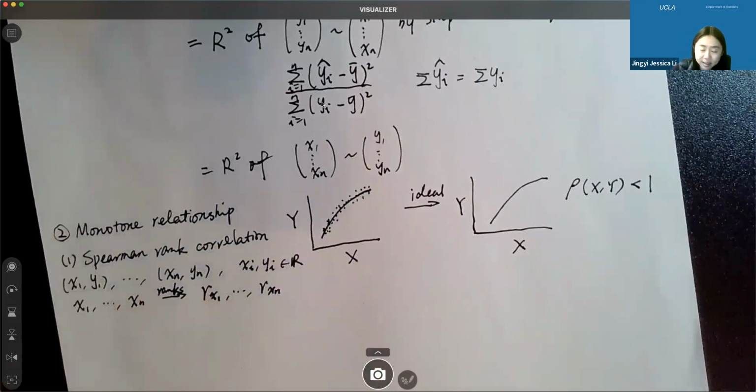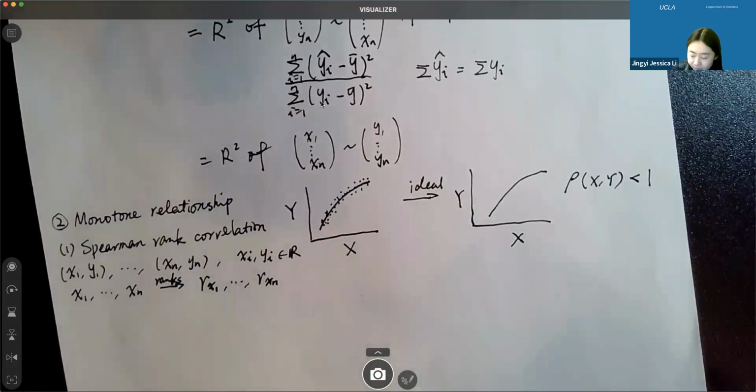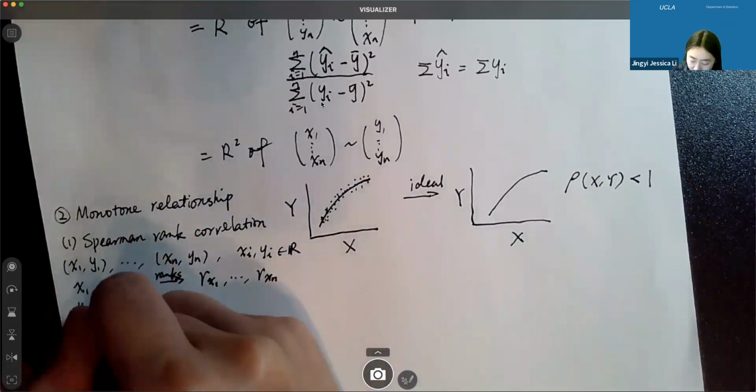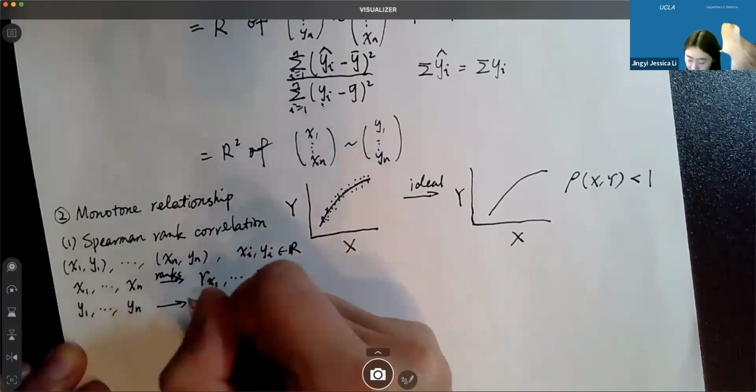By rank, I mean that each one is replaced by its order from the smallest to the largest. So if it's the minimum, the rank is 1. If it's the maximum, the rank is n. That's the same as what we have seen before. And for Y1 to Yn, we similarly turn them into ranks.